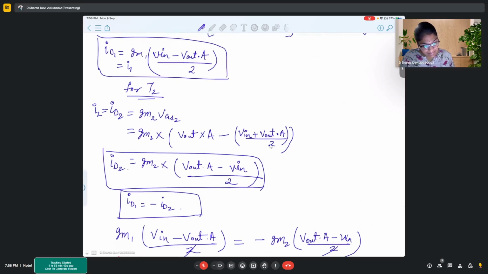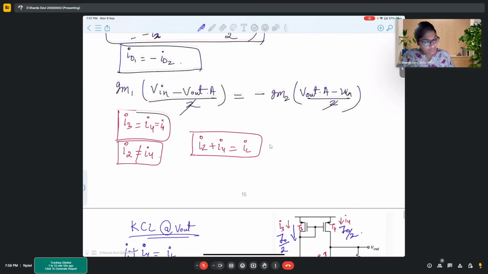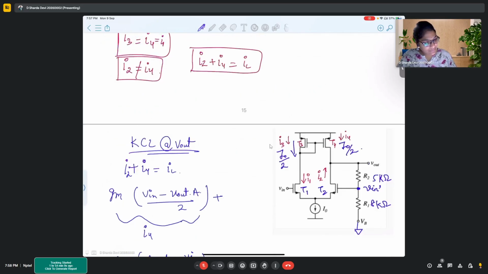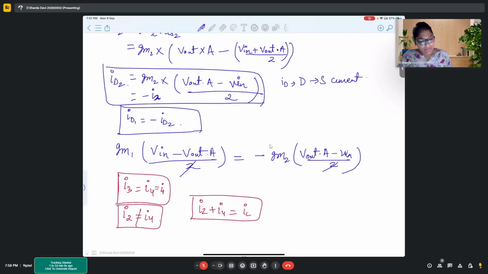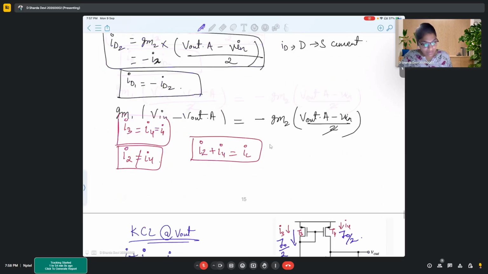But this ID2 is actually minus of I2 because ID, when we calculate, is from drain to source current. But here we want I2 as source to drain current, right? So we need to use minus of ID. So ID2 is minus of I2.